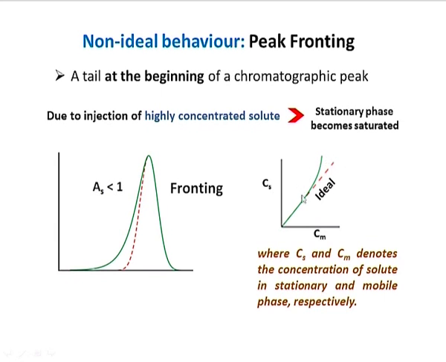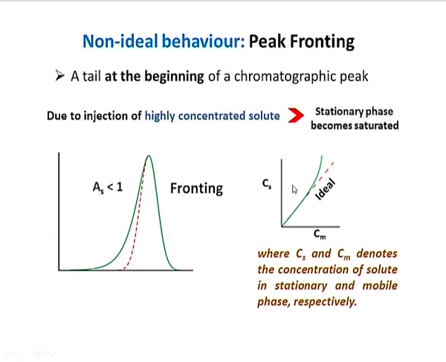That means that beyond a point, more of your solute remains in your mobile phase than in the stationary phase, which means that this 40% which I was talking about in the previous slides gets distorted, and beyond a point, let us say in the nth theoretical plate, it is just 20% which is staying in the stationary phase and 80% is staying in the mobile phase.